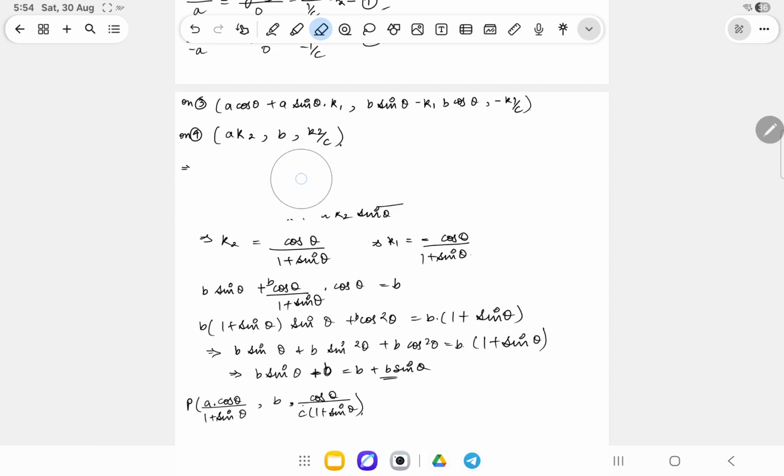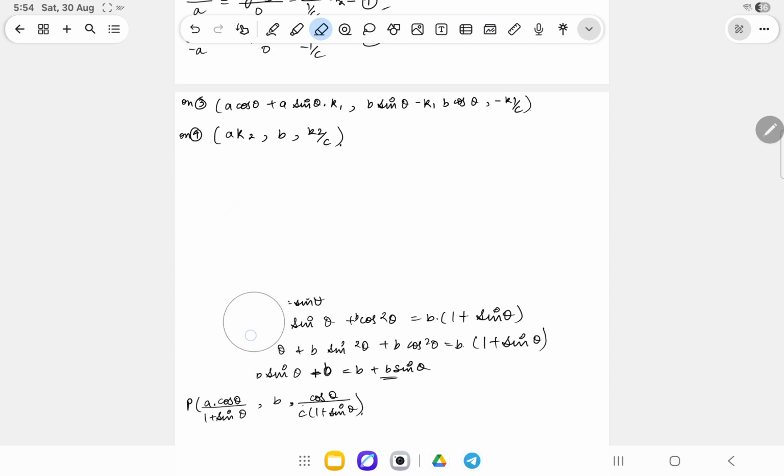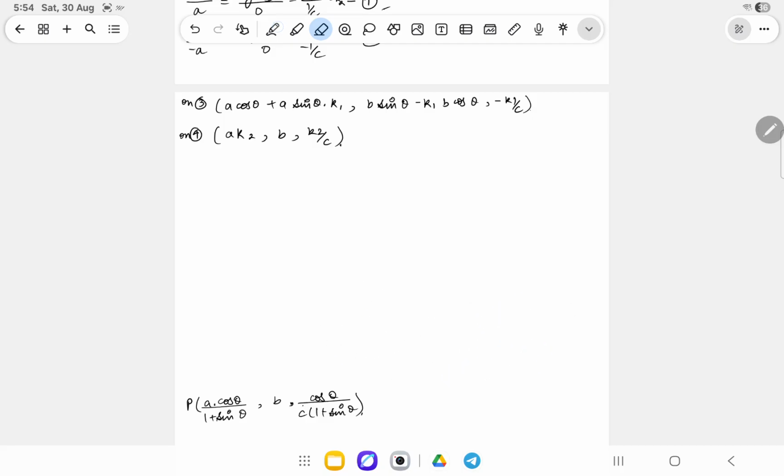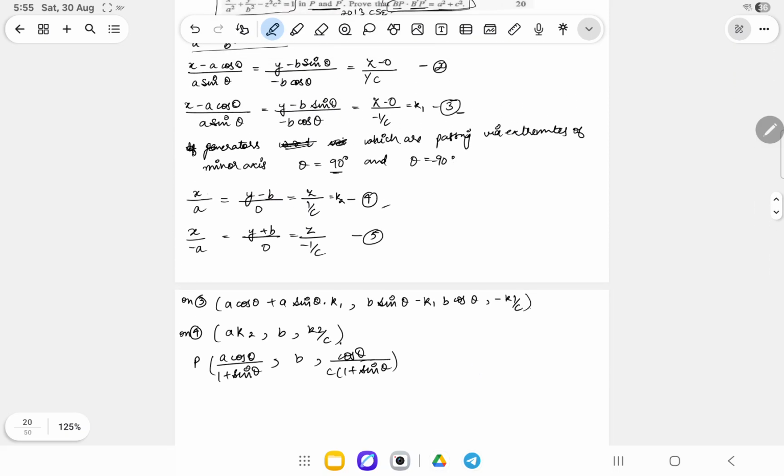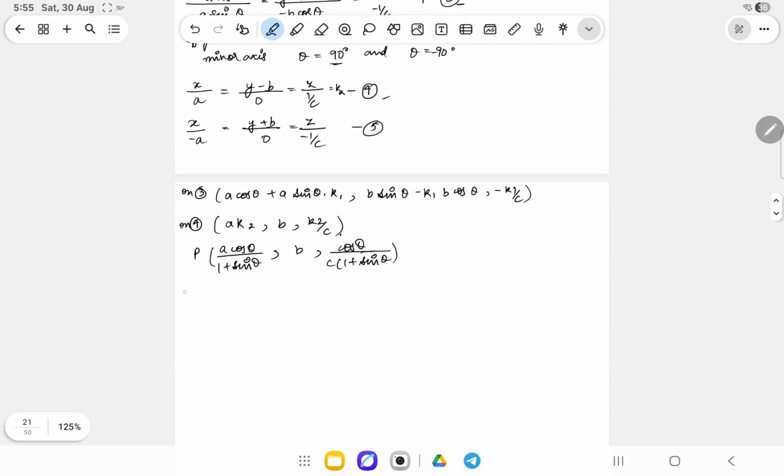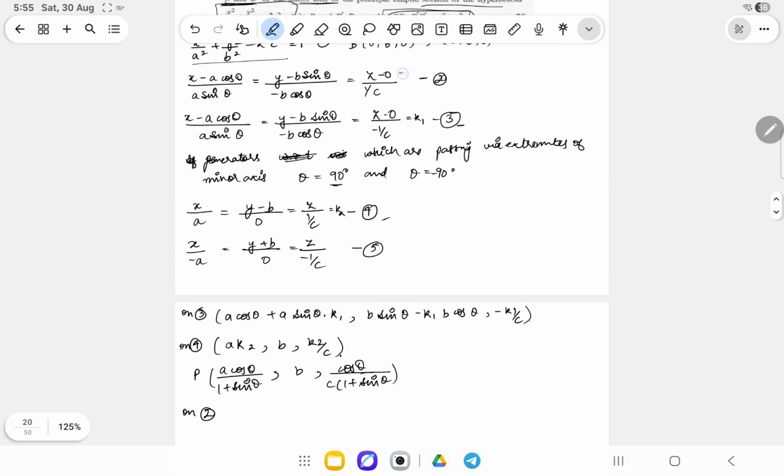So my P point is a cos theta upon 1 plus sin theta, comma, b, comma, cos theta upon c into 1 plus sin theta. Likewise, my P dash will be basically the intersection point of 2 and 5. So any arbitrary point on 2 would be, let's equate it with some term.